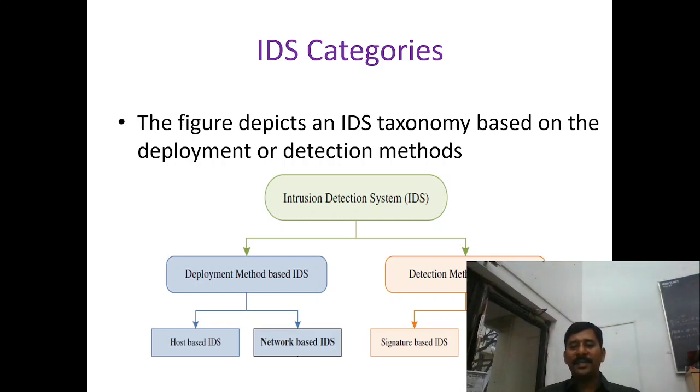So what is meant by signature based IDS? Signature based intrusion detection systems are also known as misuse intrusion detection systems. Here, the system compares the incoming traffic with a pre-existing database containing signatures of known attacks.